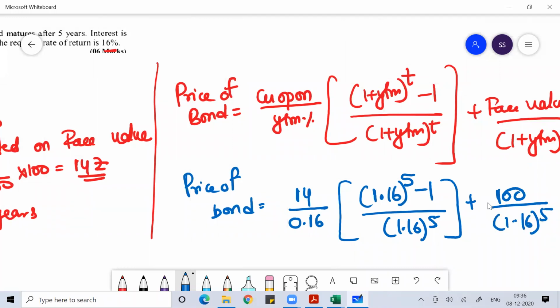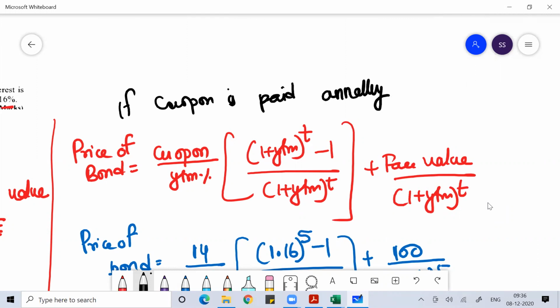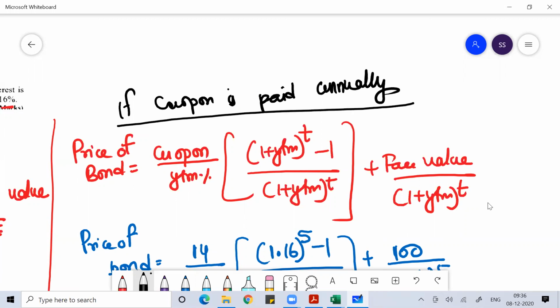This formula will be used if the coupon is paid annually, and you'll get the price of the bond very easily.